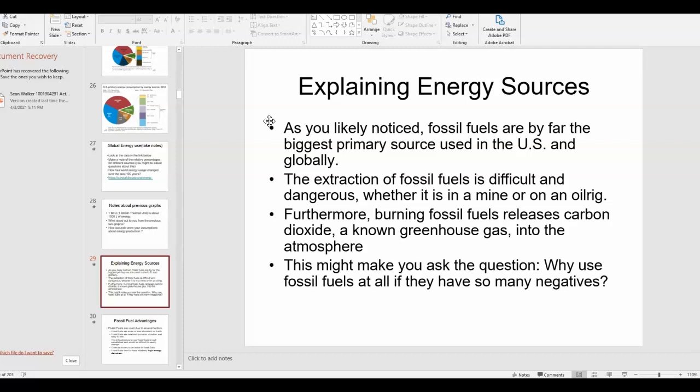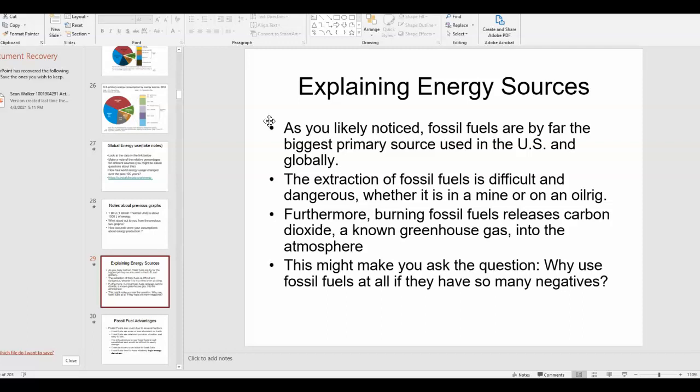It's more complicated than that, and that's not a sufficient explanation, so don't be putting that on any of your exam questions or anything like that. But that's basically what a greenhouse gas does. And so the idea is that burning fossil fuels releases a greenhouse gas and so can have a contribution towards global warming.